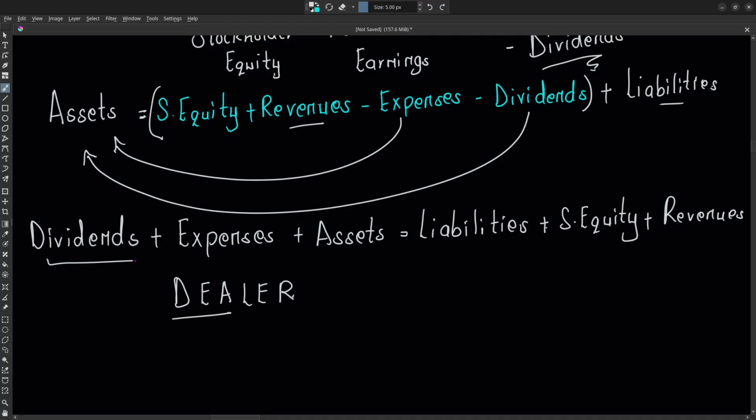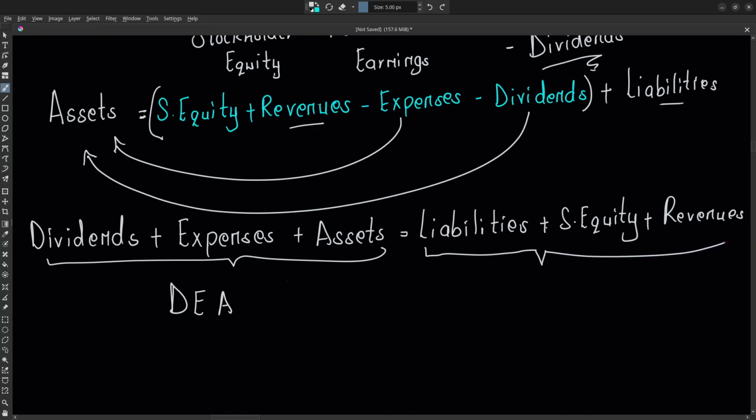So the word is DEALER. Here is the first DEA: dividends, expenses, and then assets. And then on the other side, we have liabilities, equity, and revenues.